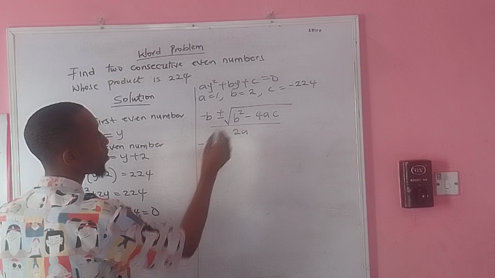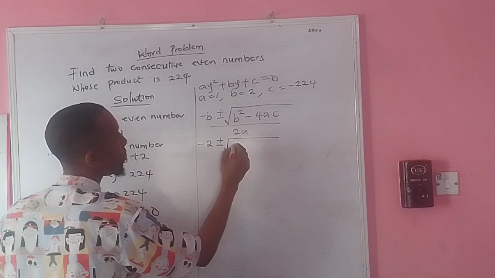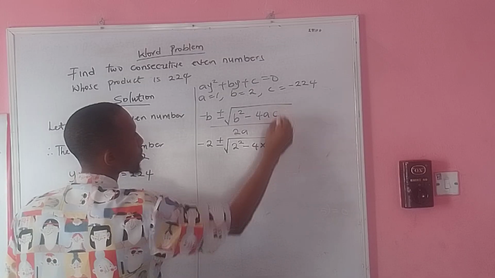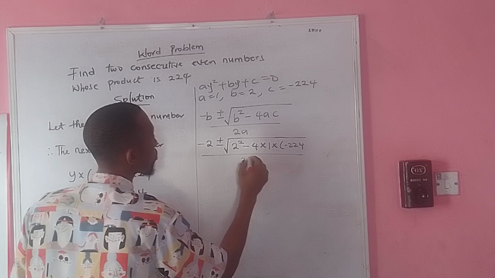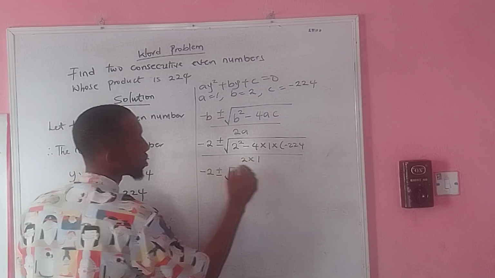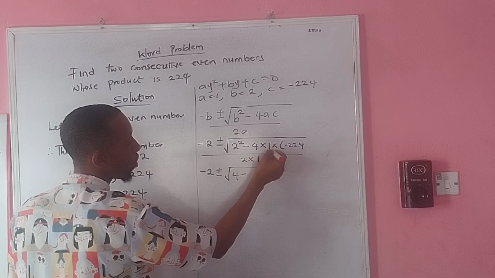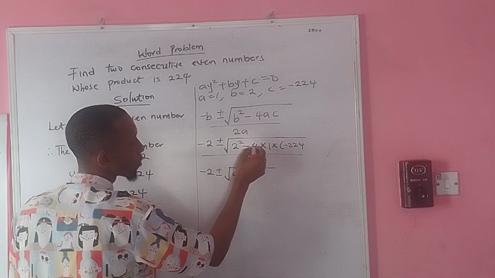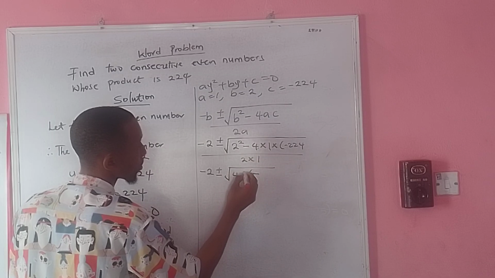So minus my b, which is 2, plus or minus the square root of my b, which is 2, squared minus 4 times my a, which is 1, times my c, which is minus 224, all over 2 times 1. Minus 2 plus or minus 2 squared is 4, minus 4 times 1 times minus 224.